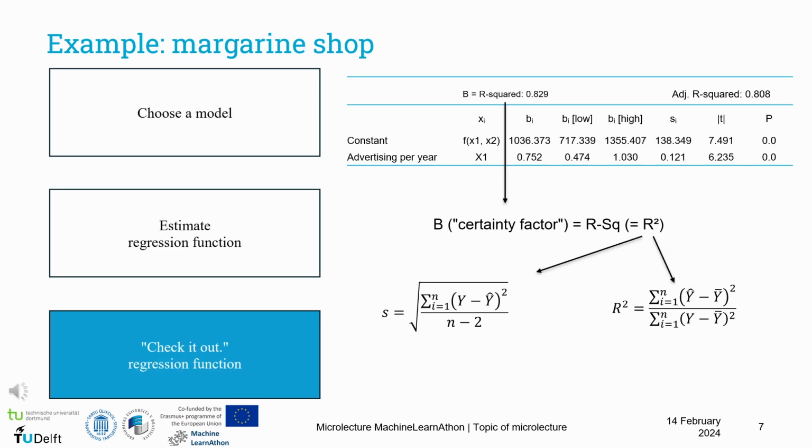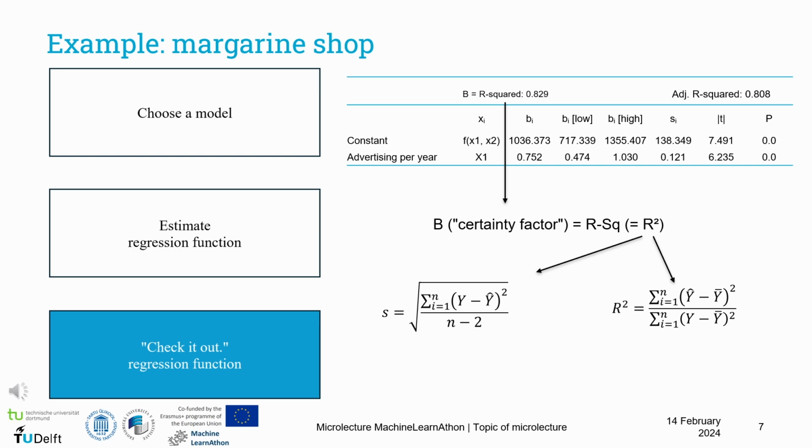After estimating the regression function, we evaluate how well the model explains the variation in sales. One key measure is the coefficient of determination, R squared, shown here as 0.82. This means that about 82% of the variability in sales is explained by advertising.